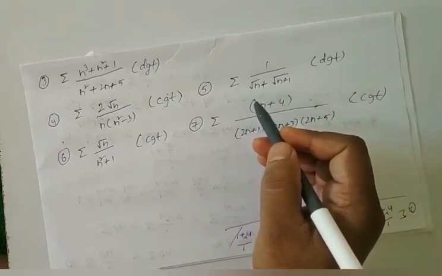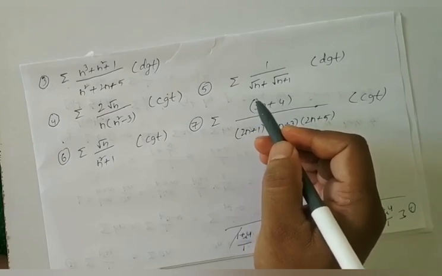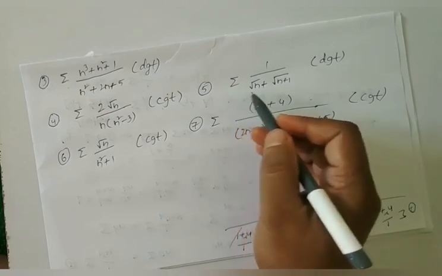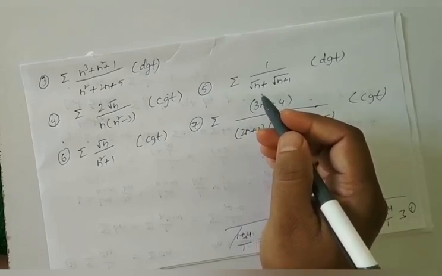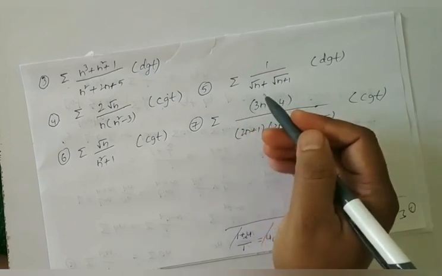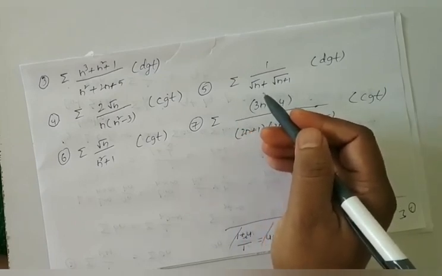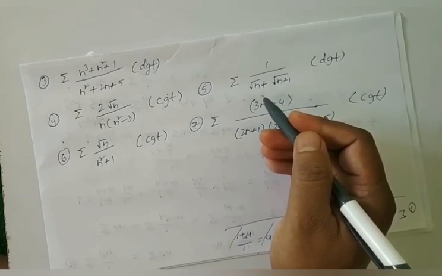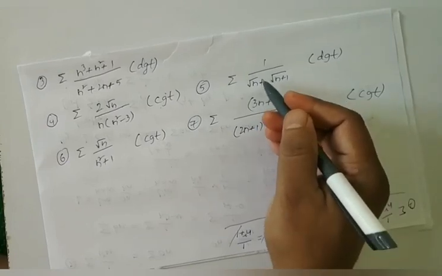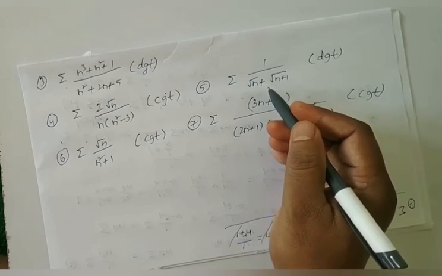I will give you a hint: the highest power of the denominator in the fifth one is 1 by 2. That means in this case we have to choose another series, summation 1 by root n. Take summation bn as 1 by root n in the fifth one. Don't get confused.